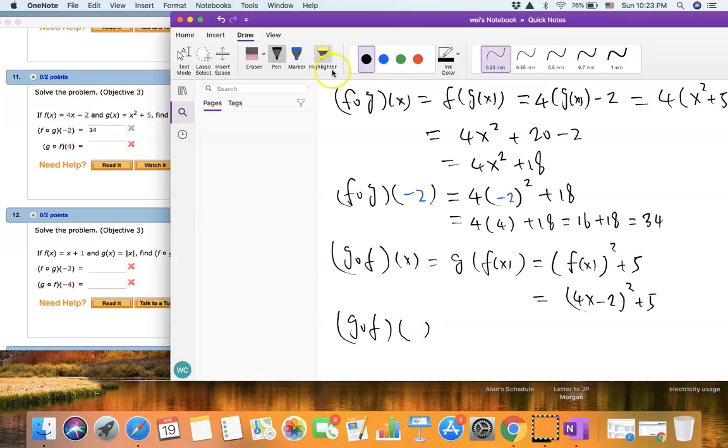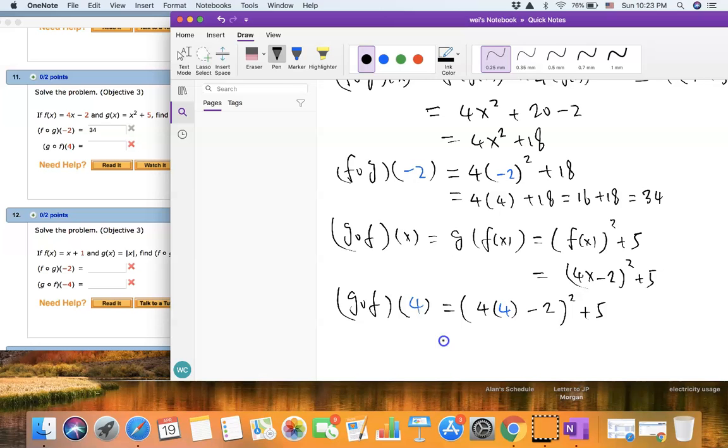And if x equals 4, we have 4 times 4 minus 2 squared plus 5. 4 times 4 is 16. 16 minus 2 is 14.